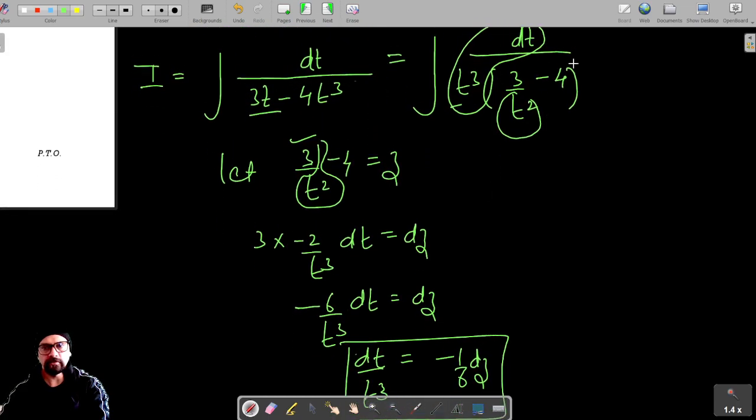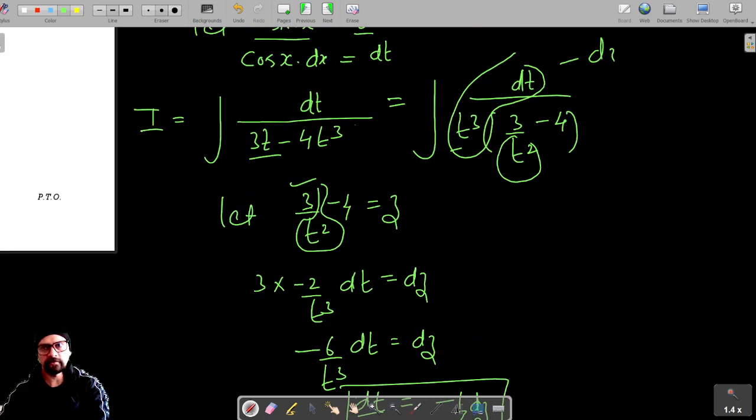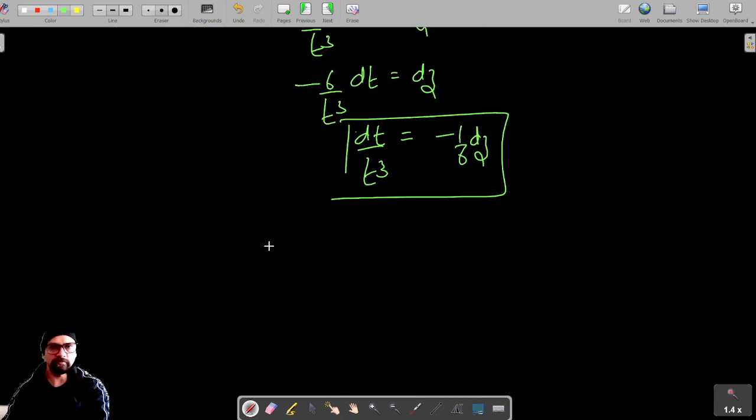So dt by t cube is minus dz by 6. And let's make the substitution.